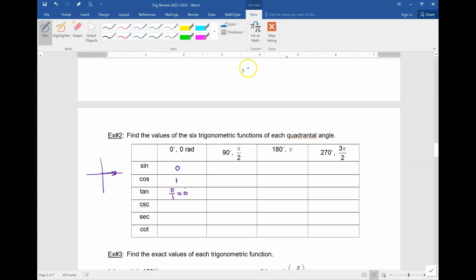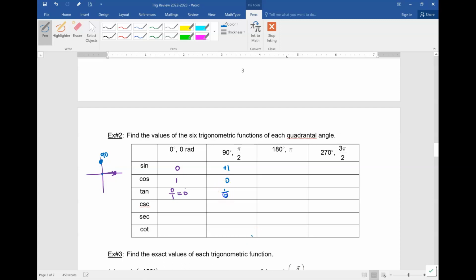And we'll do the rest later. 90 degrees is here. So to go from the origin to that 90 degrees up here, how much do I go vertically? That's the sine. Vertically, I go up 1, so positive 1. Cosine is the horizontal. How much do I go horizontally to go up to the 90? 0.